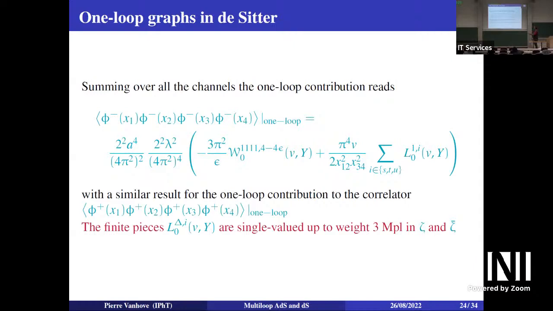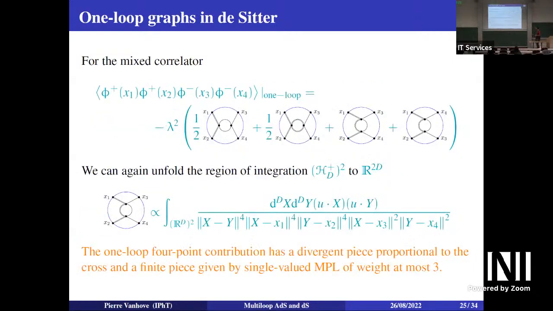So you won't be surprised if I tell you that the finite piece is a weight 3 single-valued combination, a single-valued combination of multiple polylogs of weight 3 and lower. I cannot display the expression because it is pretty huge.